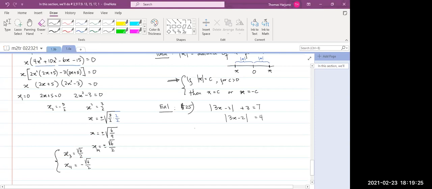Absolute of blah equals positive number 4. So either blah equals 4 or blah equals negative 4. Isolate the absolute value first, and then you split it into plus minus. So 3x equals 6, x equals 2, or 3x equals negative 2, x equals negative 2/3.